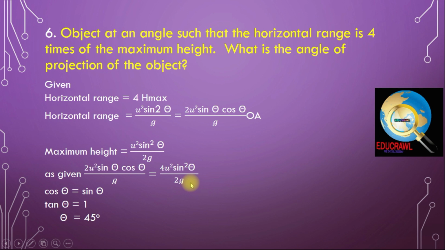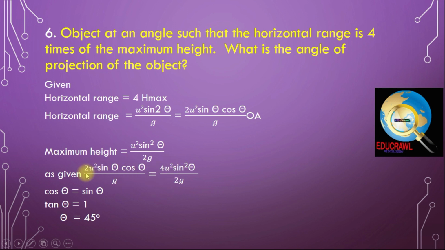Here, whatever is common in left hand side and right hand side, we are cancelling it out. So what all we can cancel? In the denominator we have got g. In LHS also g is there, in RHS also g is there. So you can cancel that. Next, in LHS you have got 2u square. In RHS it is 4u square.